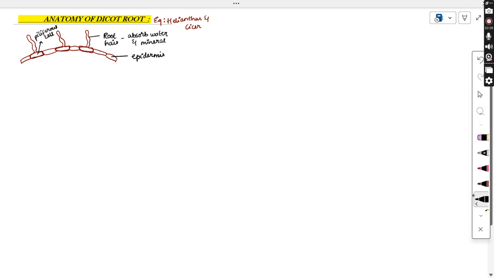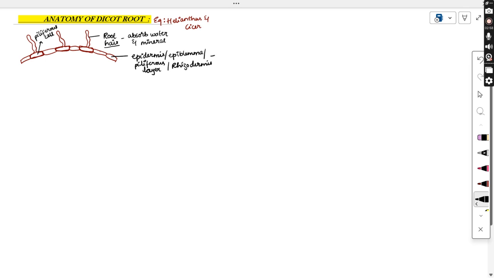As the piliferous cells are present in this epidermis region, the epidermis is also called the piliferous layer. It has many names. The piliferous layer is also called the epiblemma. Epi means upon, the outermost, and blemma is the layer-like structure. As the root hairs arise from this epidermis region, it is also called the rhizodermis.